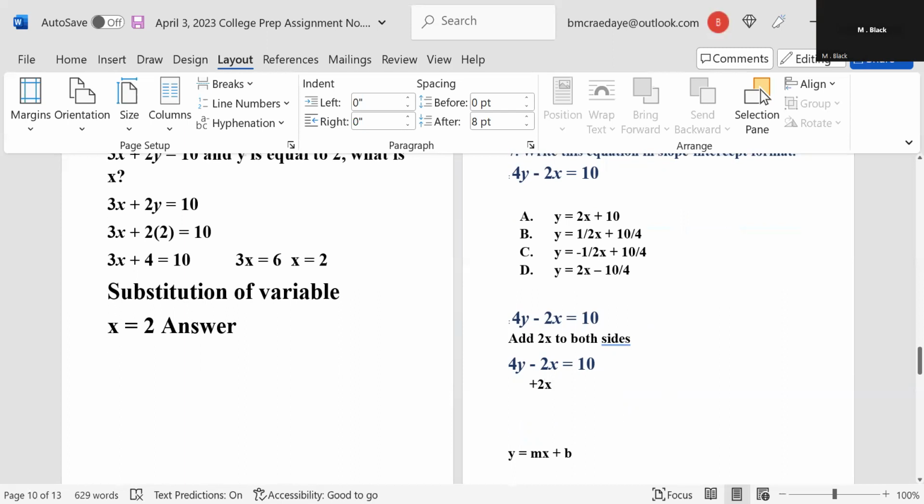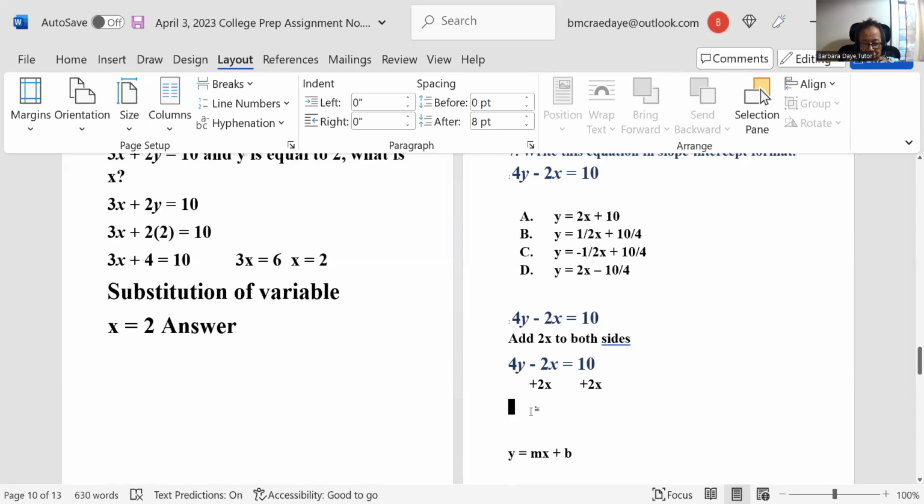Better that way. Okay, and on the right side, you do it on the right side too, Mercedes. You put it next to it. Yes, miss. You do it here too. Plus 2x. All righty.